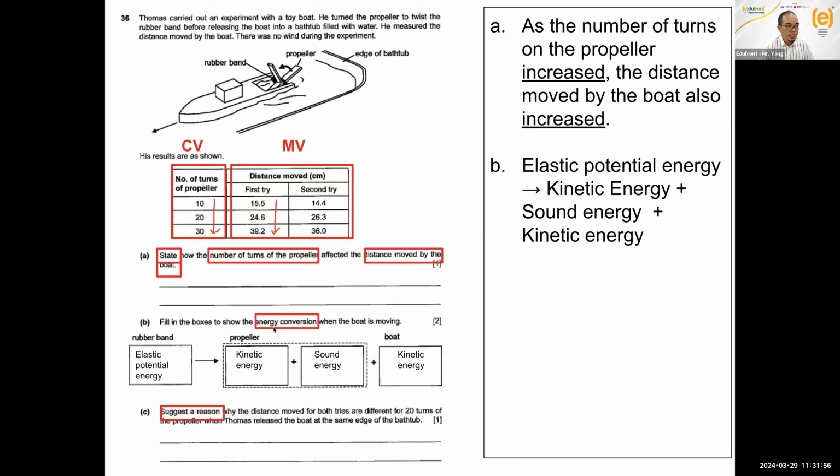So when you turn the propeller 20 times, does it mean that the rubber band is stretched the same amount for the first try and the second try? May not be, right? There could be a slight difference. So that slight difference caused the distance moved by the boat to be different. Okay, not easy. But the clue you can see here is in part B.